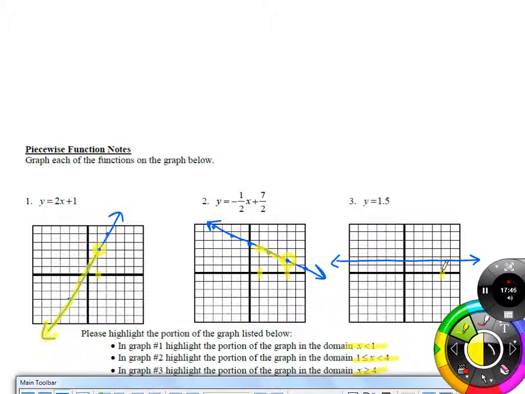I want when x is bigger than 4, so everything to the right with no limitation, so it's going to keep going forever. Now, when x was exactly equal to 4, was it allowed to be equal to 4 on this graph? So I look at what x was allowed to do. It was allowed to be bigger than 4, and because of this mark here, it's also allowed to be equal to 4, right? Which means at this endpoint, I want it to be closed because it is allowed to equal that exact point.